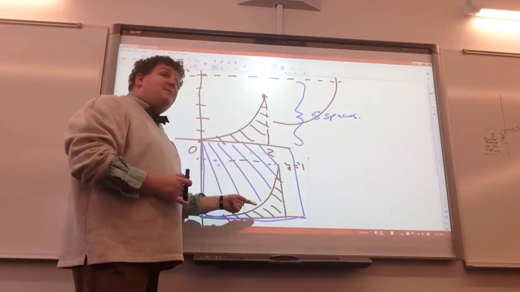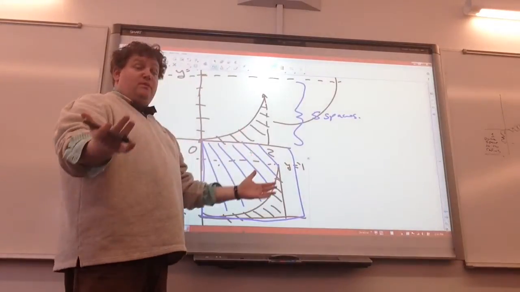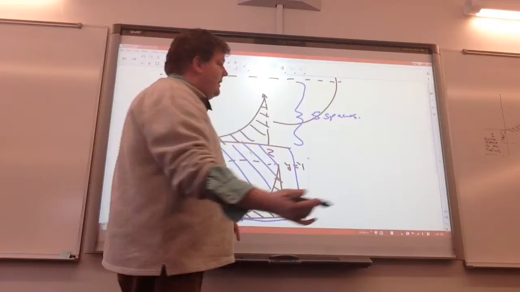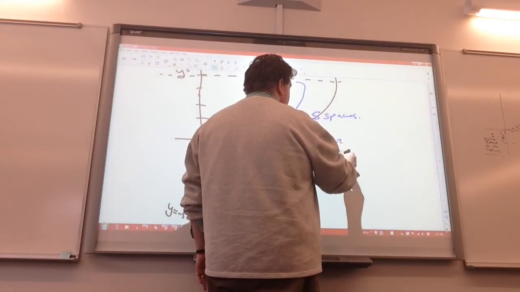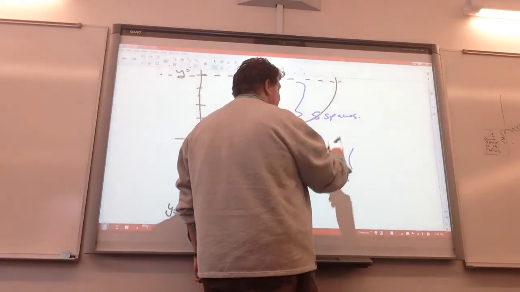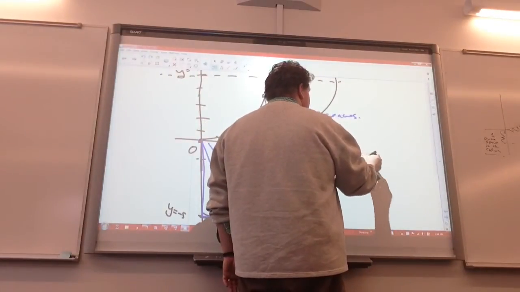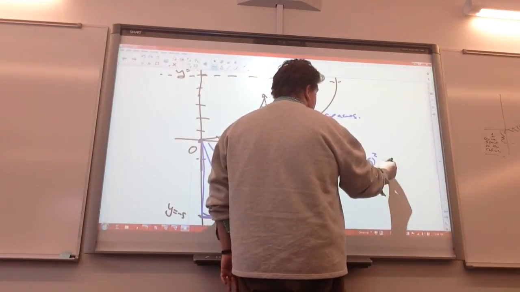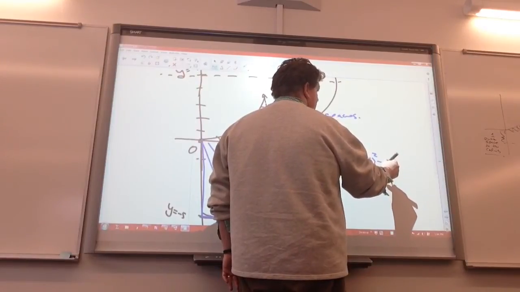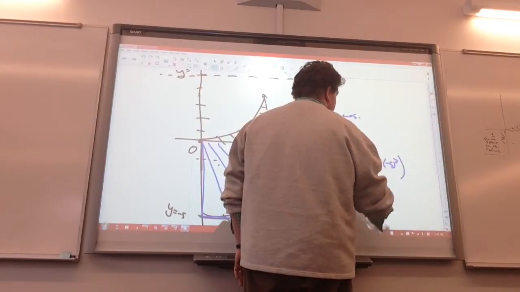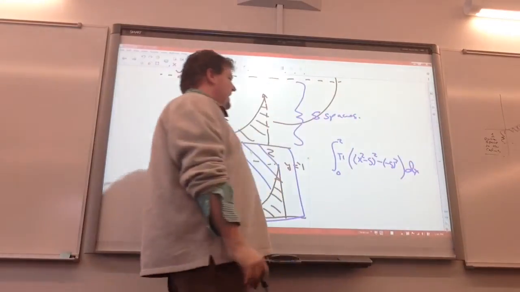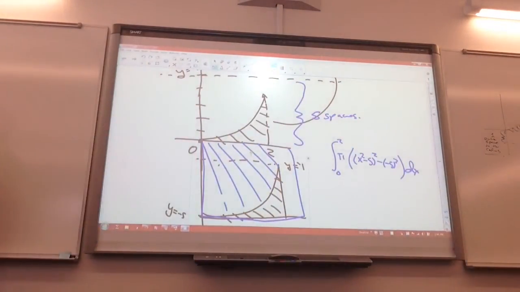The curve on top here is still x squared minus 5. So my integral would be written as the integral from 0 to 2 of pi times (x squared minus 5) squared minus 5 squared dx. You would work that out, and that would give you the volume of the system.